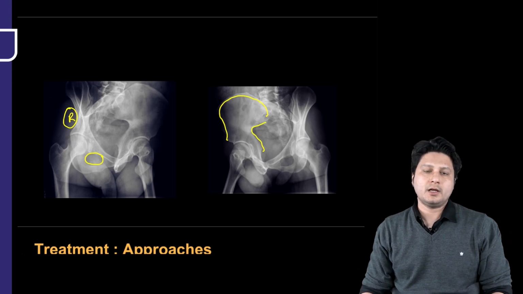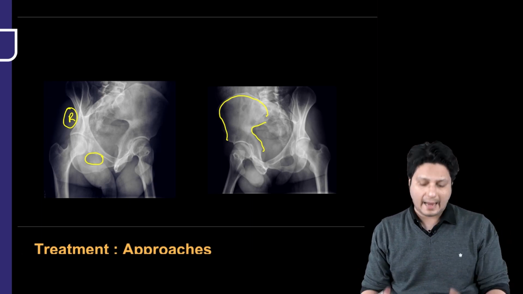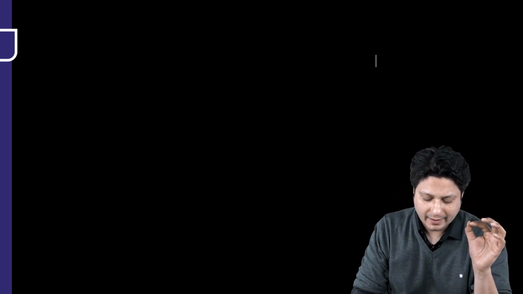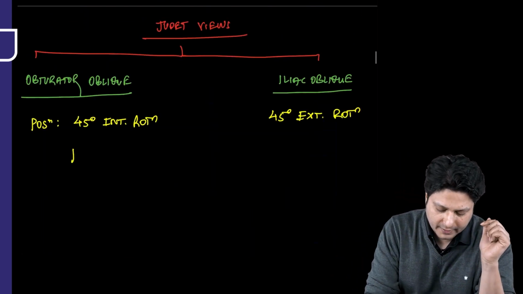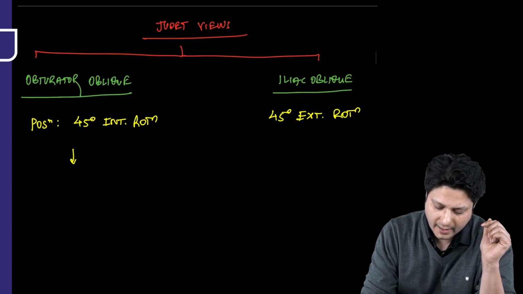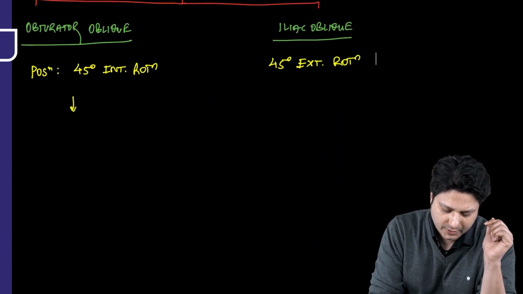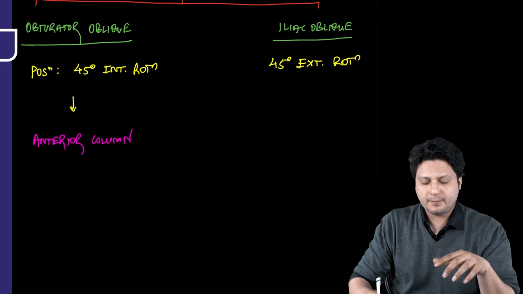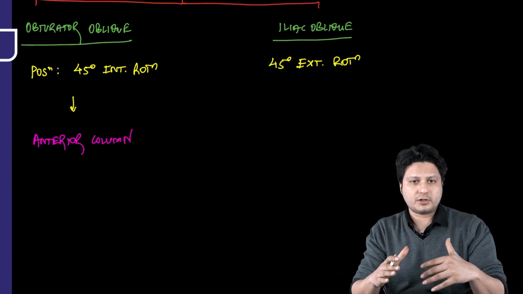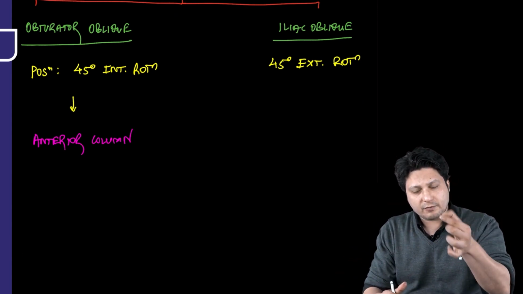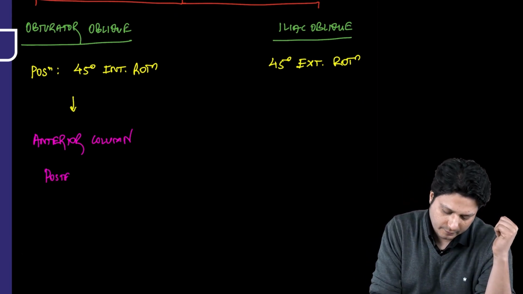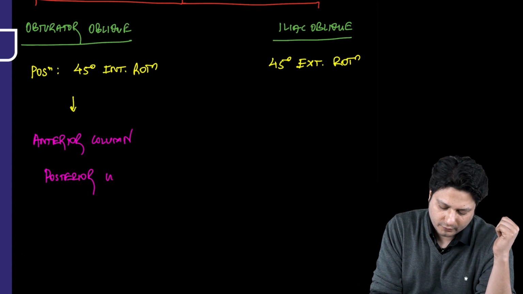Now comes the question: what is the use of having these obturator and iliac oblique views? The use is that in the obturator oblique, you tend to see the anterior column and the posterior wall. It is the visualization on the basis of which we see the fracture line which is involving the anterior column or the posterior wall of the acetabulum.